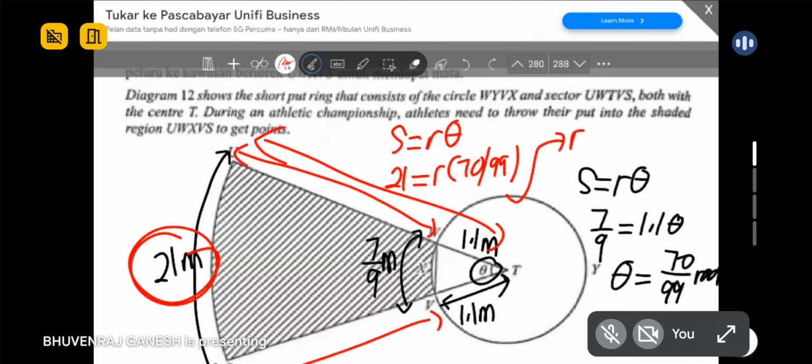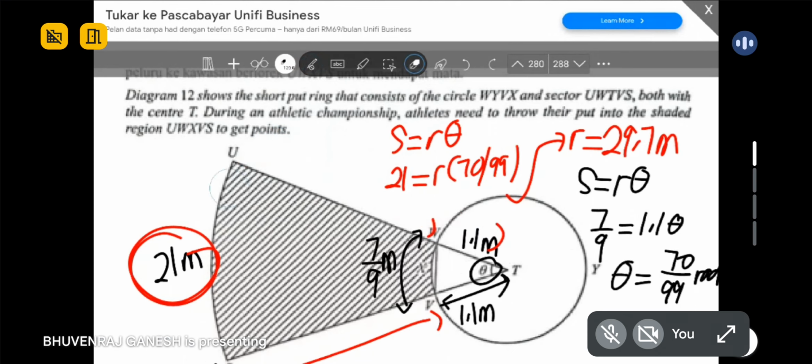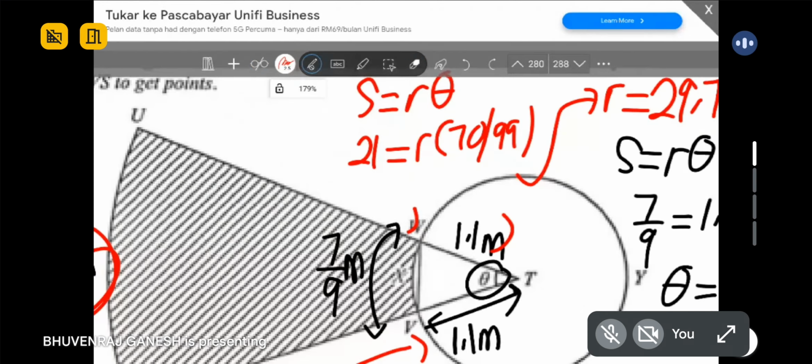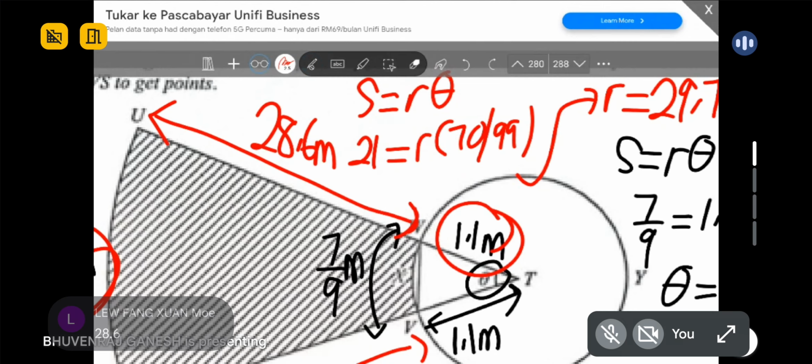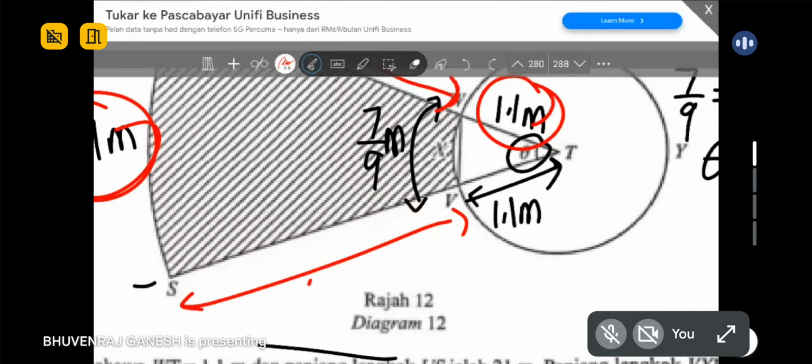So your R value is actually how much? 21 times 99 over 70, 29.7 meter. So what is the remainder? You take 29.7 minus 1.1, so this value will be 28.6 meter. Do you guys see the concept? So this one also is 28.6 meter.